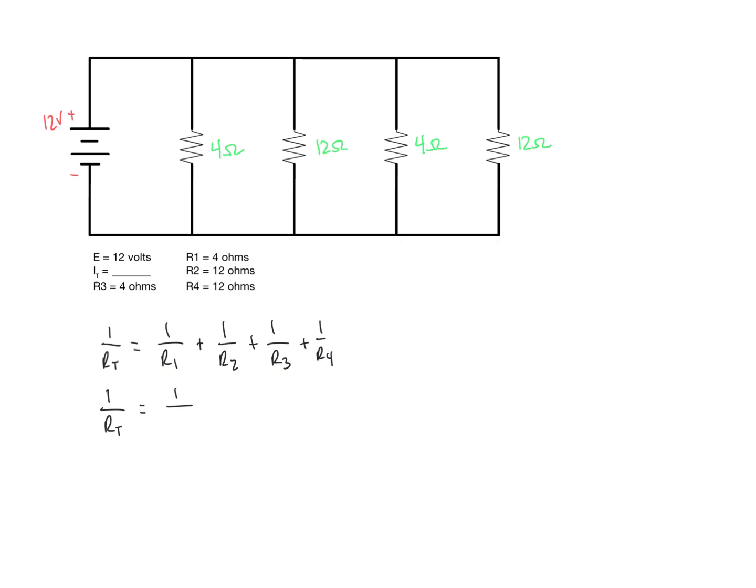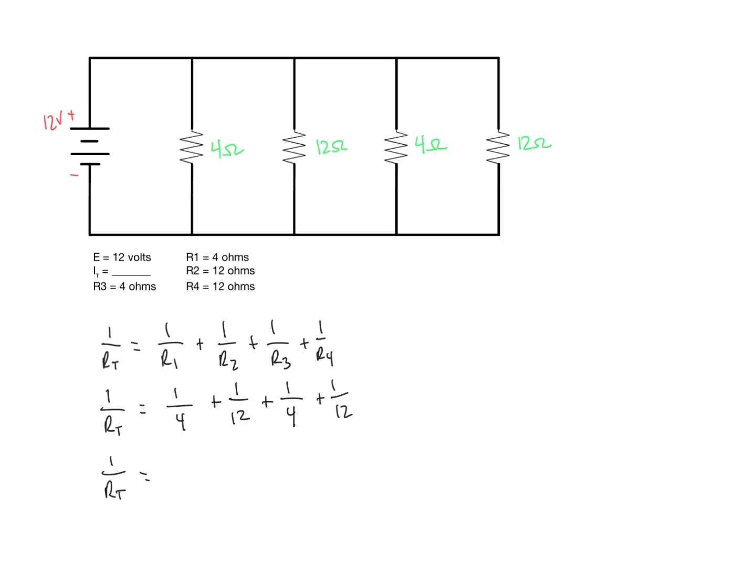Plug our numbers in. We've got 4, 12, 4. Oh, sorry about that mistake on my part. And then 1 over 12. And so we got to get the same common denominator.